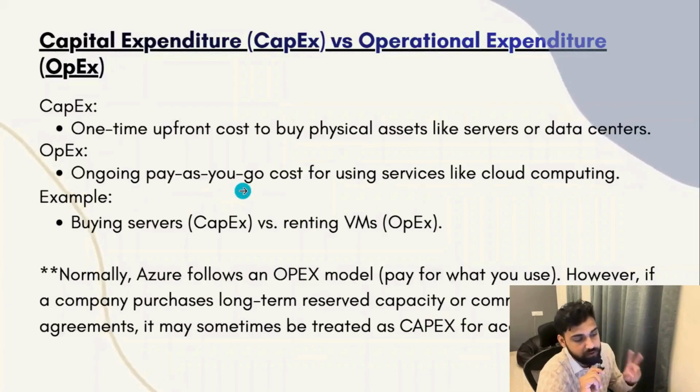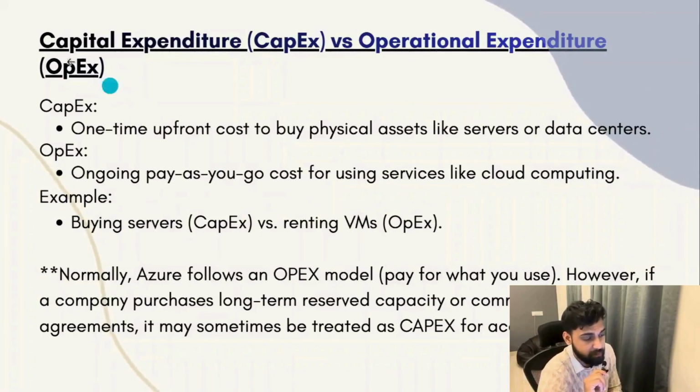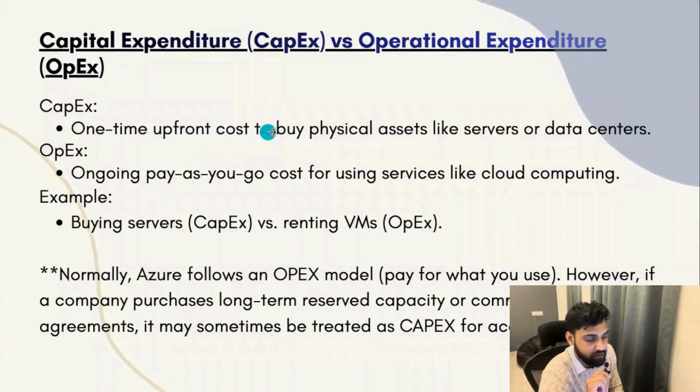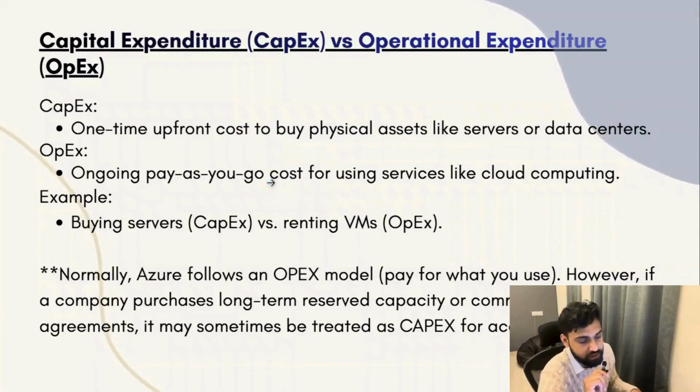We talked about traditional data centers and cloud data centers, right? In the cloud data centers, capital expenditure was not there, there is only operational expenditure. This is also one kind of benefit in the cloud: you don't have to spend on buying physical assets, you only pay for whatever you are using.